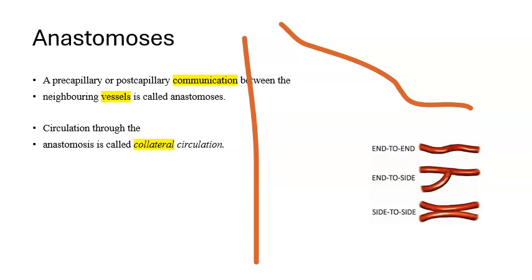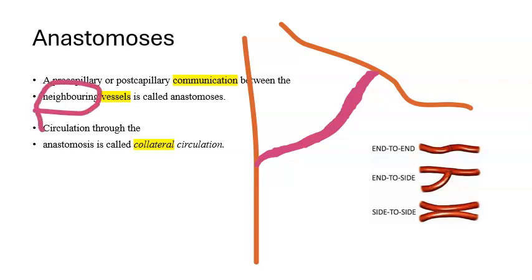A new blood vessel has formed between these two for whatever reasons, physiological or pathological, that they didn't say. So this is what? Anastomosis. Very good. So it's a communication between neighboring blood vessels.